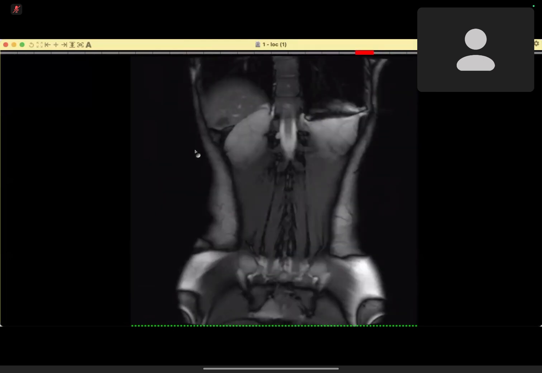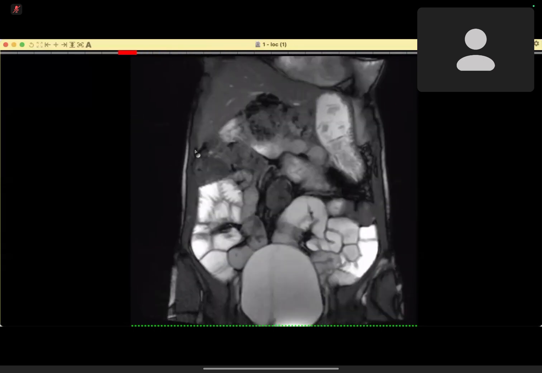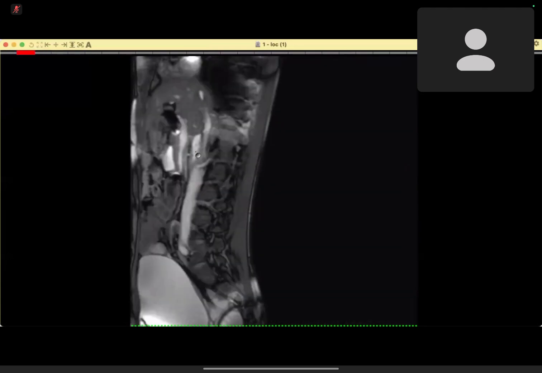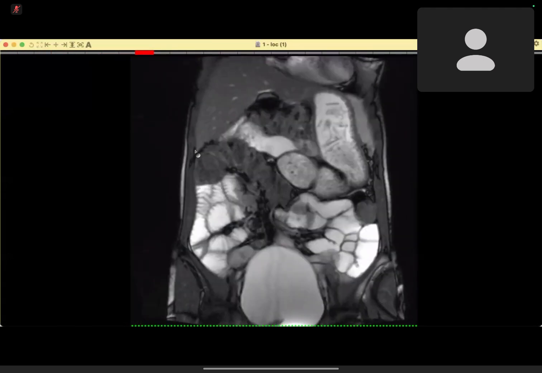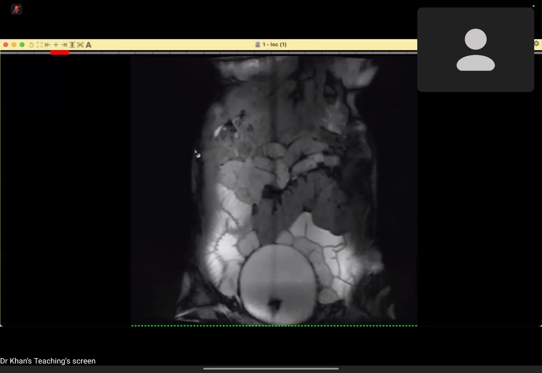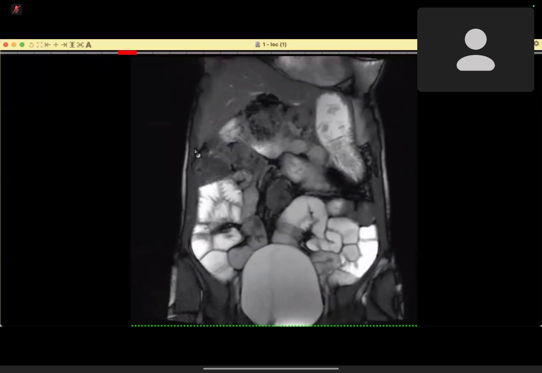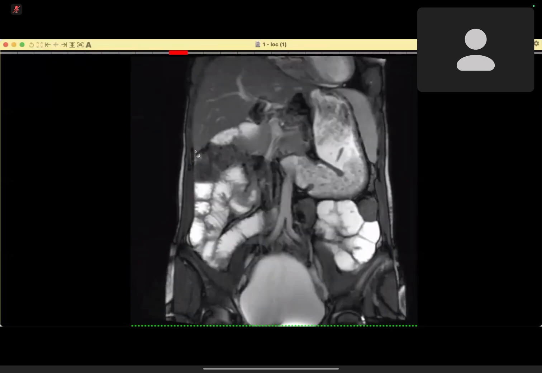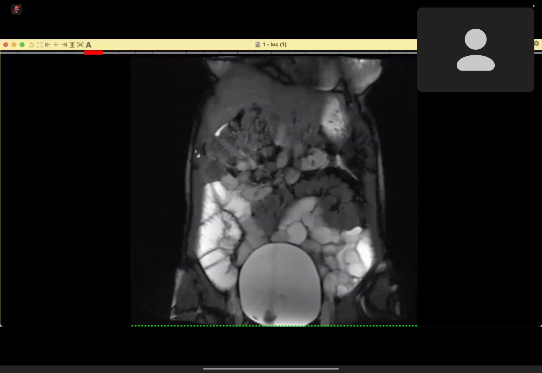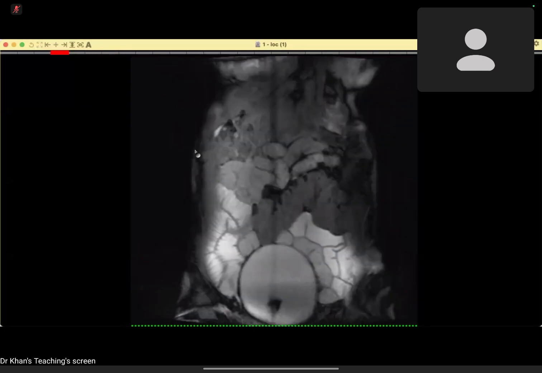I didn't catch any abnormalities, so I will go through my checklist. I can see that there is thickening and mural irregularity involving the transverse colon, started from the hepatic flexure, and the transverse colon itself appears redundant.